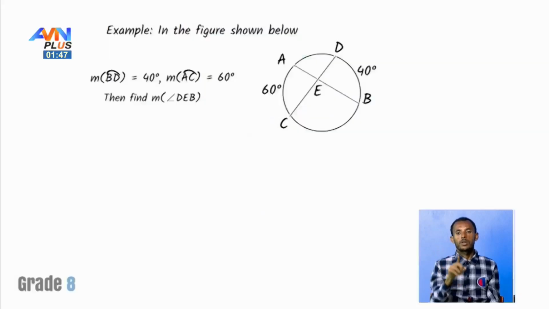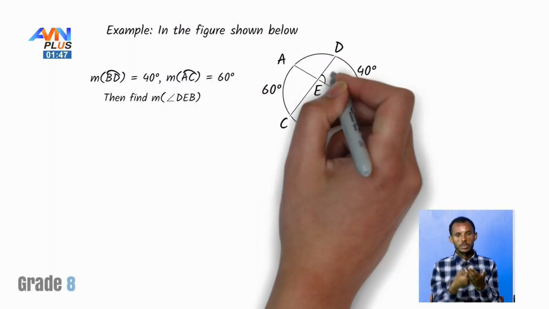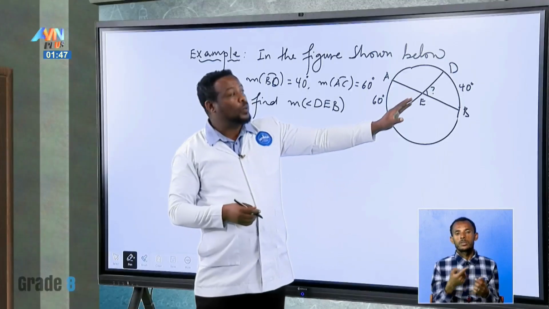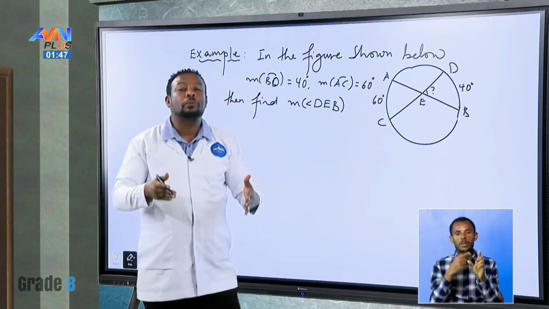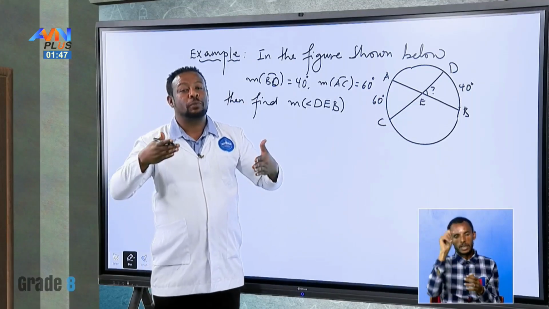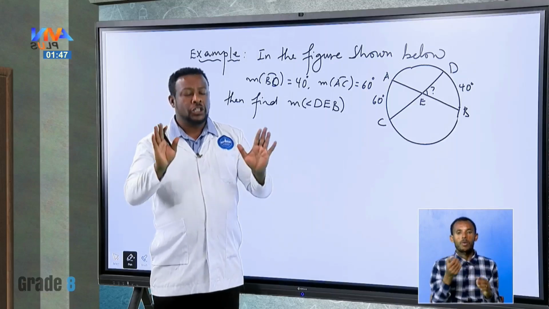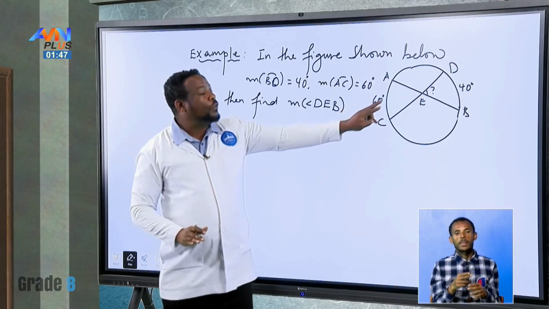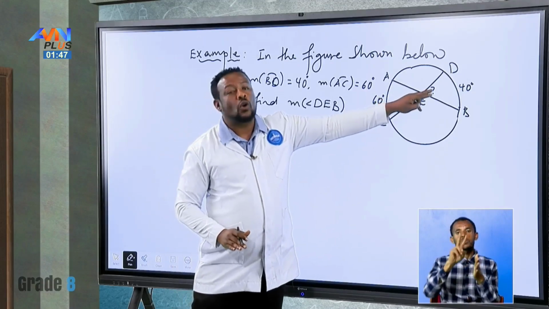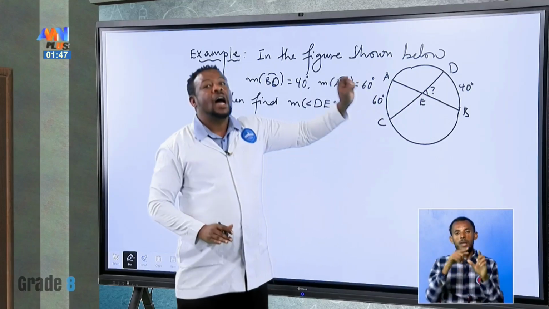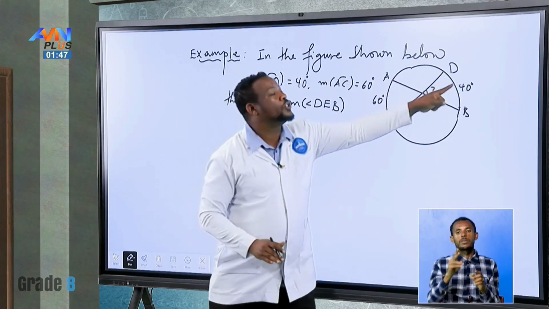To calculate this angle, you need to apply the theorem that we proved before. Shortly, the angle formed by these two intersecting chords is half of the sum of these two.